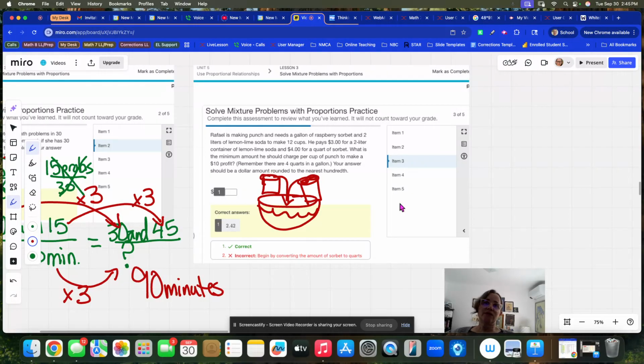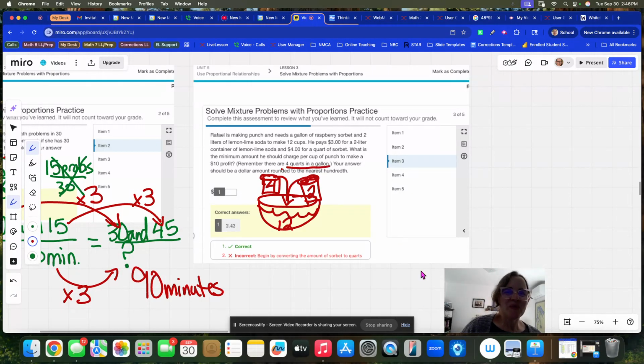Okay, so the amount of punch we're making is 12 cups. Okay, for each batch, it says it's going to use 2 liters of soda and it's going to use 1 gallon of raspberry sorbet. Okay, remember that's 4 quarts.